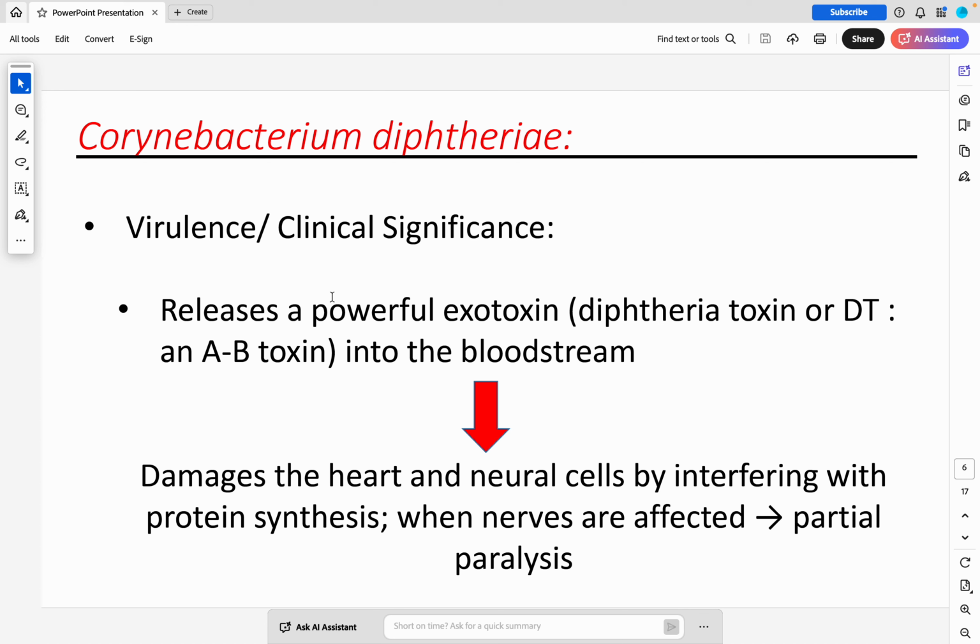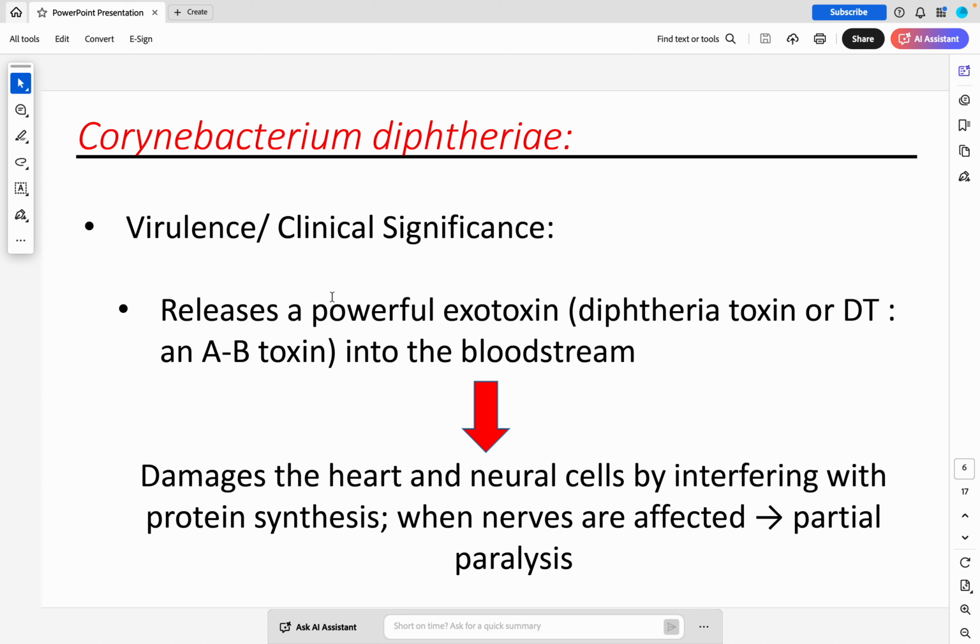The B unit has a particular receptor in the host cell membrane, while the A unit is the enzymatic component.